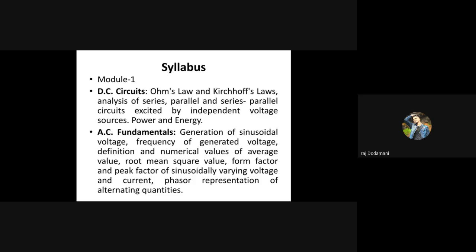These are the DC circuit part. And module 1 also has the AC fundamentals part, that is the fundamentals of AC circuit, that includes sine wave generation, frequency and various other numerical and definitions of different parameters like root mean square, average value, form factor.